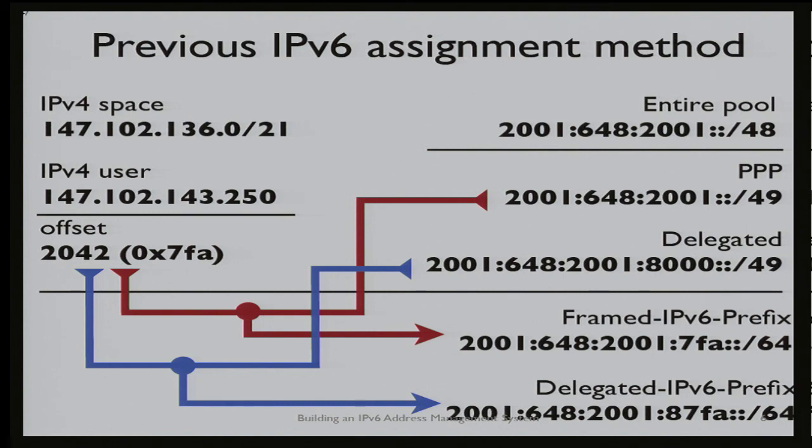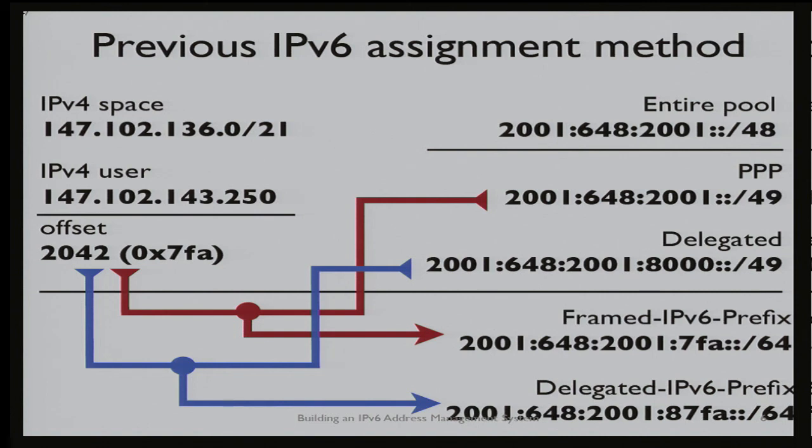By calculating the relative position of the IPv4 address relative to the master IPv4 space, we can calculate an address offset, and then we can use that offset in reverse with two IPv6 prefixes to enumerate them, and come up with the final Framed-IPv6-Prefix and Delegated-IPv6-Prefix. So this is simple and efficient, and it's stateless, because since you have the IPv4 address, you can come up with the IPv6 address without having to actually store anything.